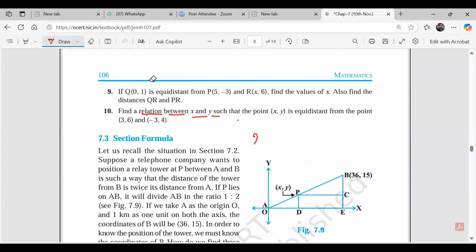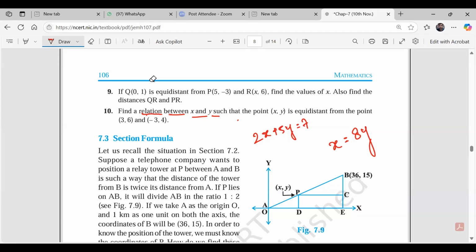If I write 2x plus 5y is equal to 7, this is a relation between x and y. If I write x is equal to 8y, this is a relation between x and y. So the equations which you have seen so far are also called a relation between x and y.